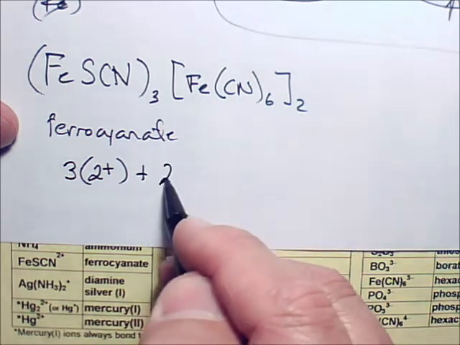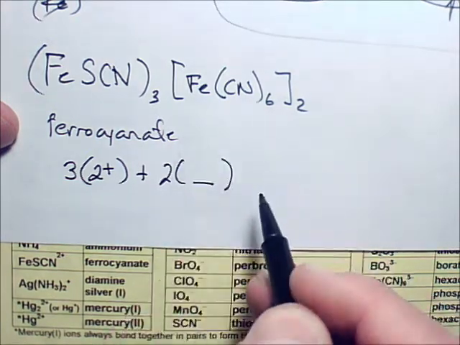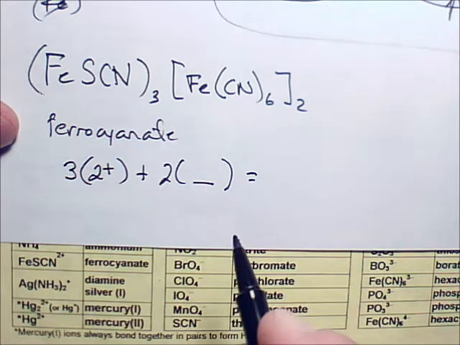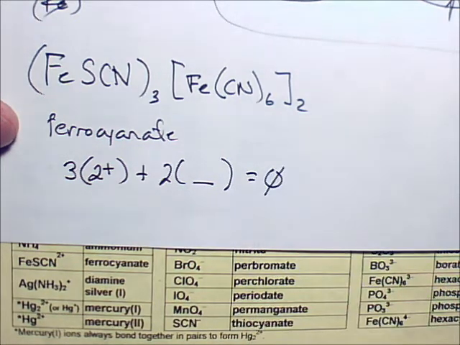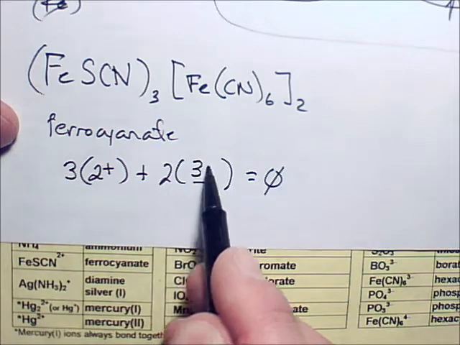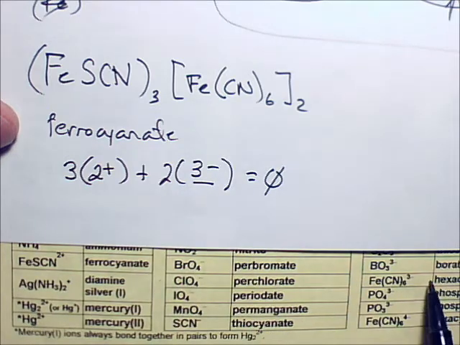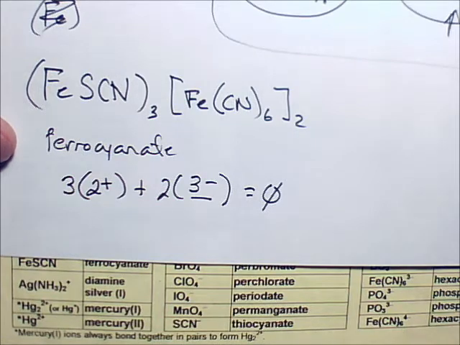Okay? So there's 2 times some number inside I need to find, and the whole thing has to have what kind of charge? Yeah, it has to be a 0. That same stuff, okay? So what number do we need to go there? 3 negative. So which one of these 2 is the one that I need? This one right here, the hexacyanoferrate 3.